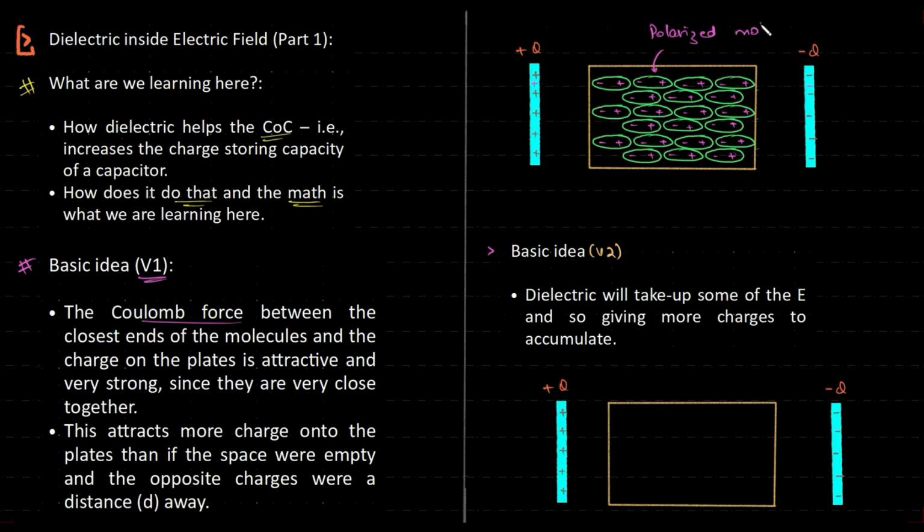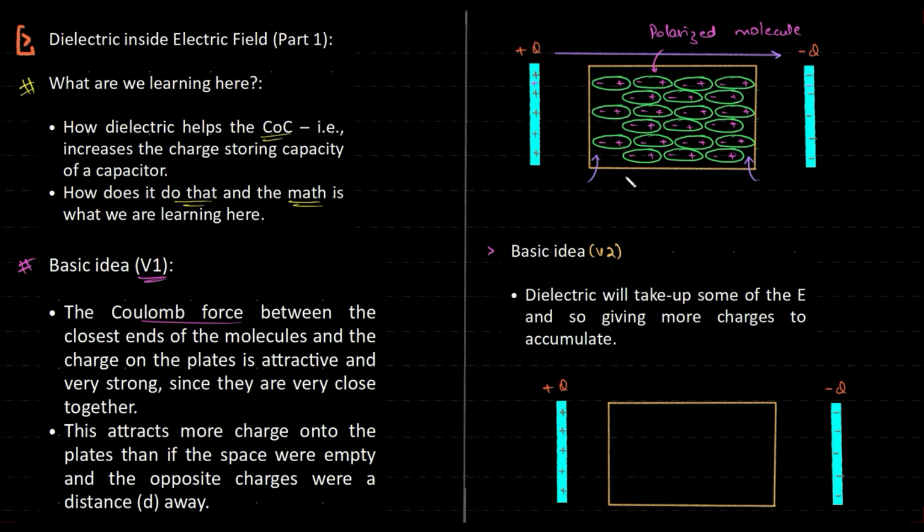Since it's exposed to a pre-existing electrical field, they'll get polarized. So obviously the electrical field line is from left to right, is it not? So obviously the right end will have the positive charge and the left end will have the negative charge.